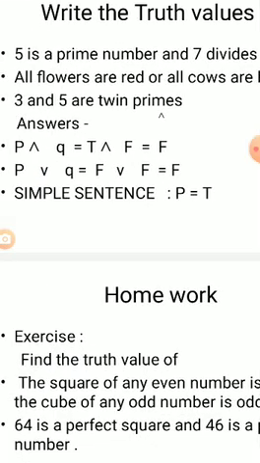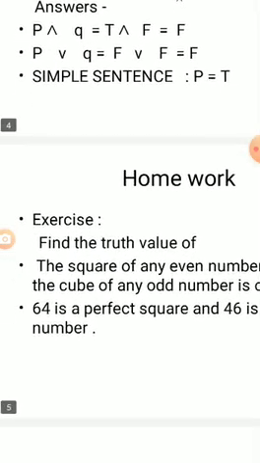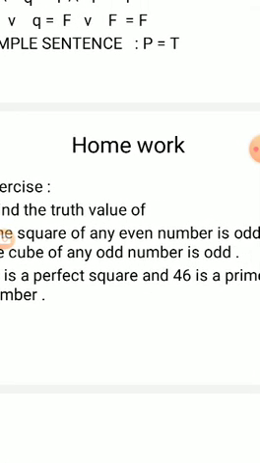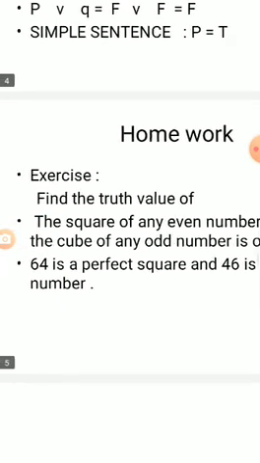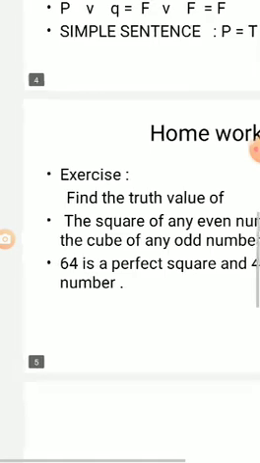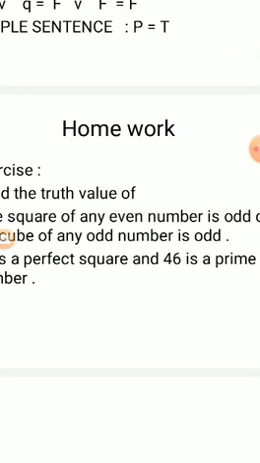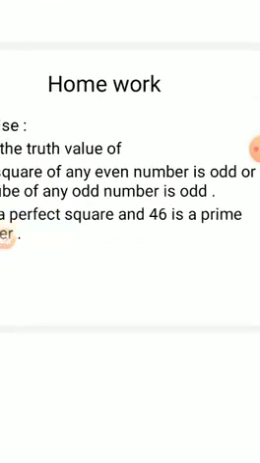Now this is the homework given for you. You have to actually solve the questions by writing. Next time I will be giving you the answers to these two questions.